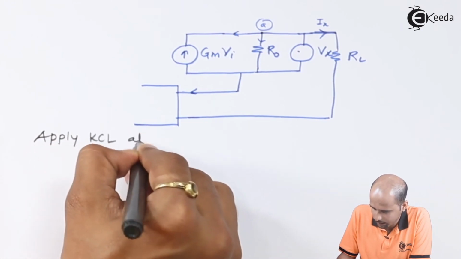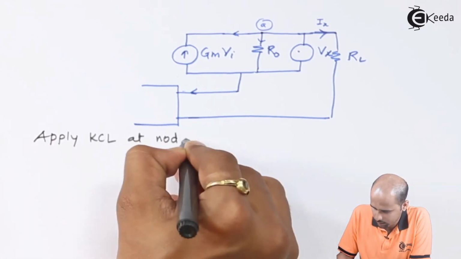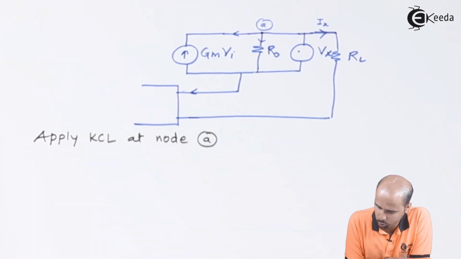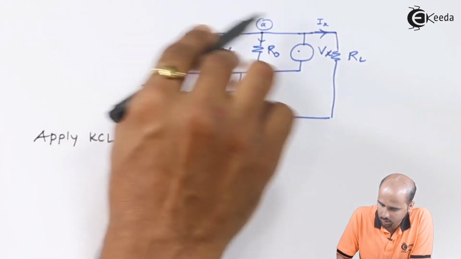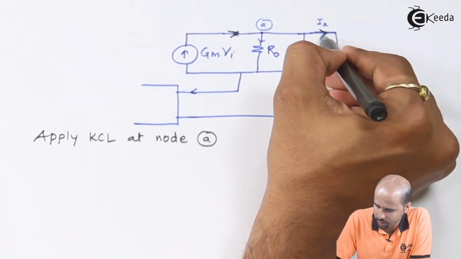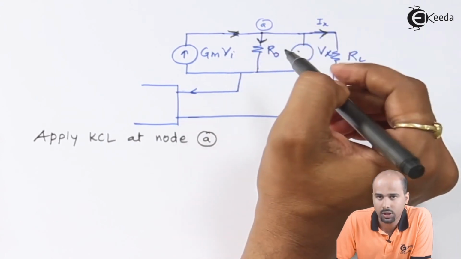If we apply KCL at node A, we will get to know that this is the incoming current, and this is the outgoing current, and this is also an outgoing current.